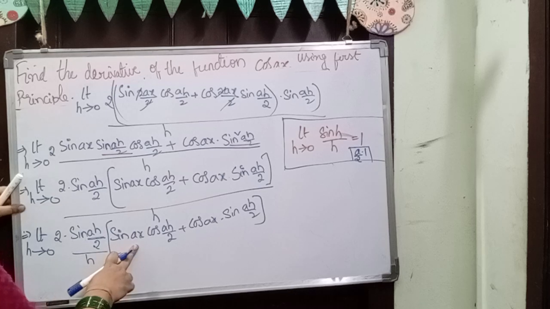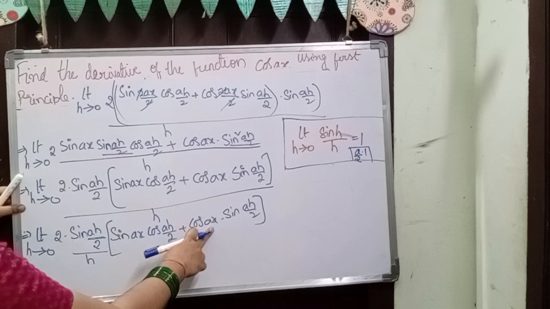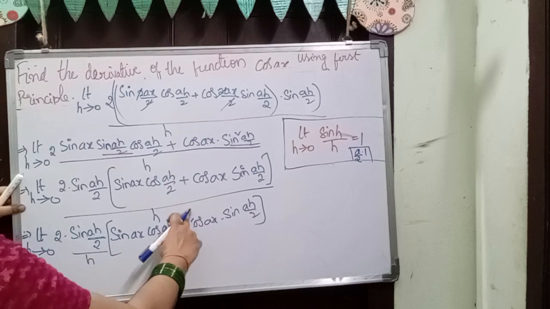Then here, ax, this becomes again 0, that is cos 0 is 1 plus again 1 into 0.